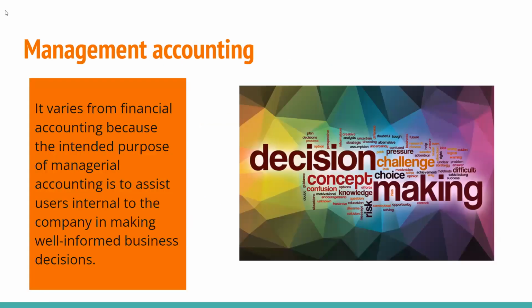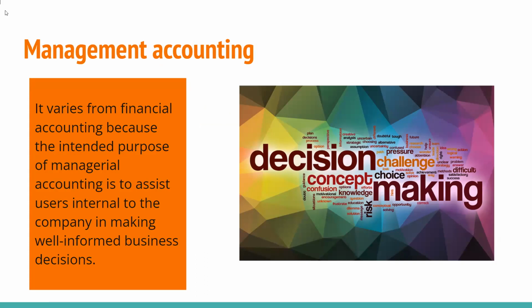So management accounting varies from financial accounting because the intended purpose is really to help the internal users, as I mentioned before. It's to help them make better, well-informed decisions.